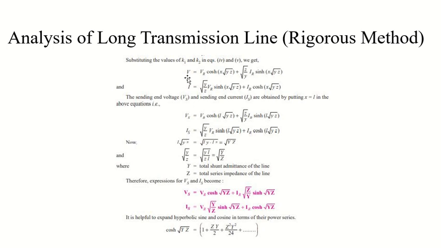Let's verify what we are getting here. V equals VR cosh x under root yz plus under root of z by y IR sinh x under root yz. And what will be the value of I?